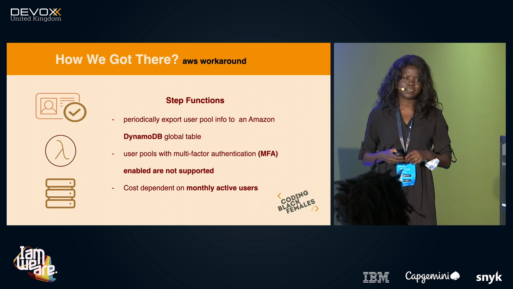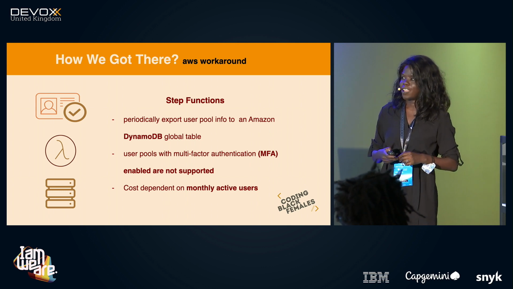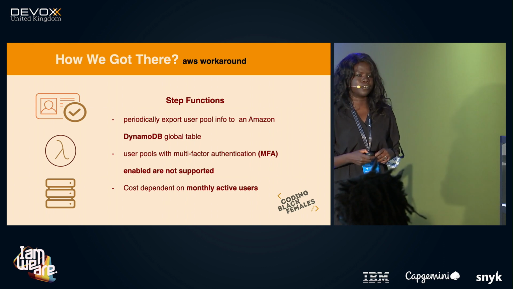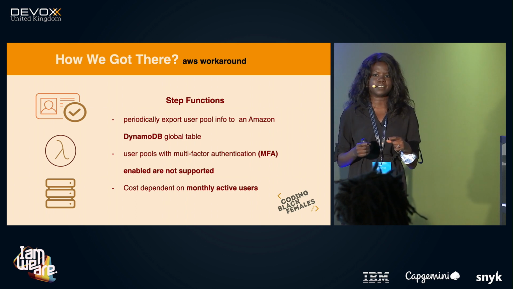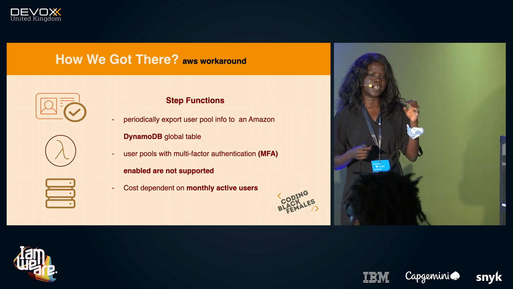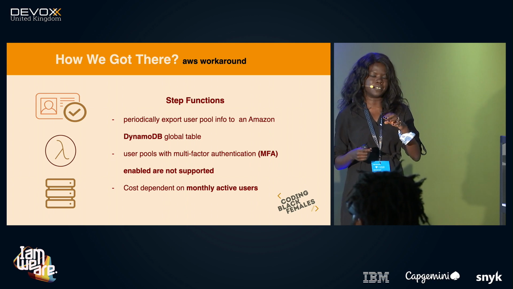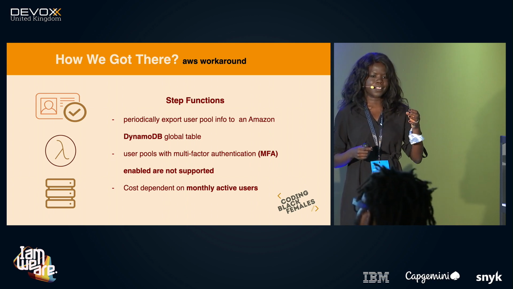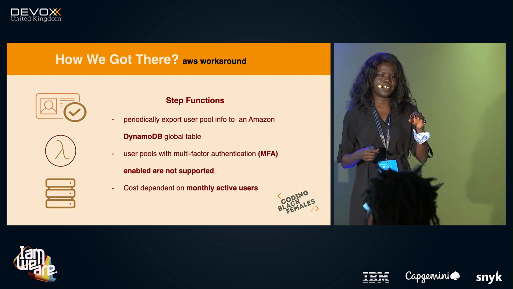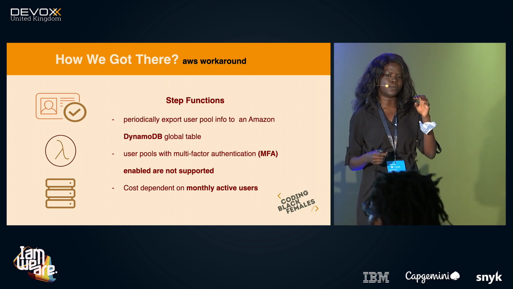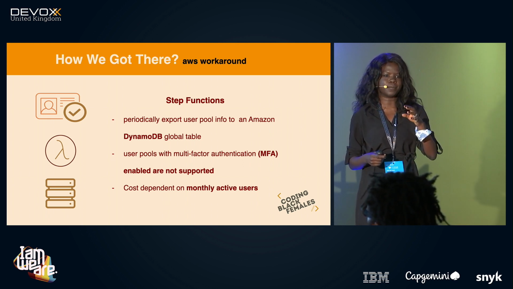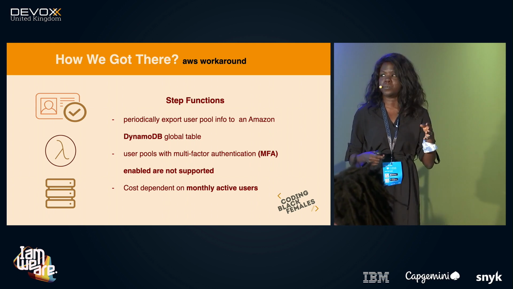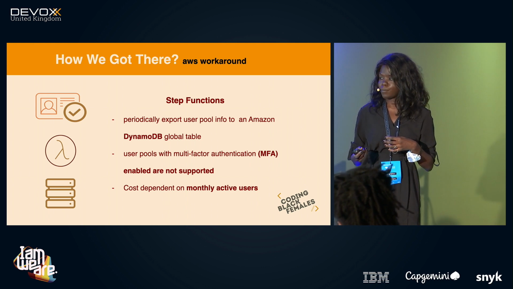The first workaround came from AWS, of course, and what they said was you could use a set of lambdas, a set of discrete functions triggered by events. So every time you added or removed users from the user pool, that would change the metadata. And the change in the metadata could be used as a way to trigger lambdas to export your data elsewhere, to an S3 bucket, to another user pool, or DynamoDB.